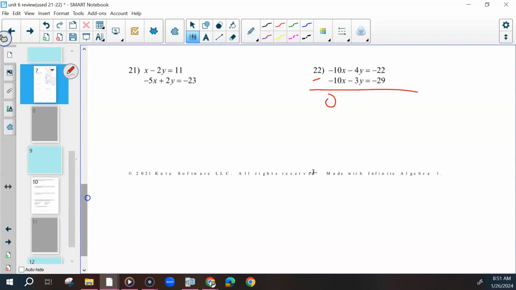So this would give us 0, -4 minus a -3, that would be plus, so -y. -22 minus -29 would be a plus, +7. And divide by -1. And then put that back in for one of the equations and find x.